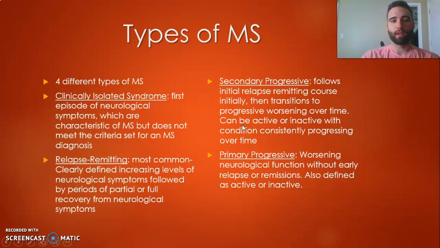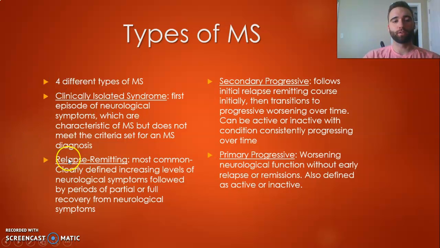Because you have to have at least two bouts of relapse remission in order to be diagnosed with MS, this is really just a first step. It does not necessarily even mean that you have MS. Some people will get the clinically isolated syndrome and never actually get MS.